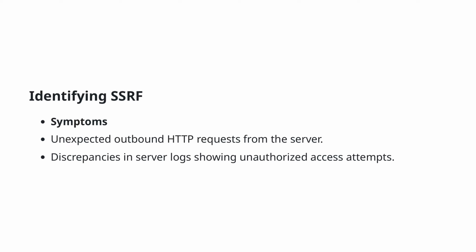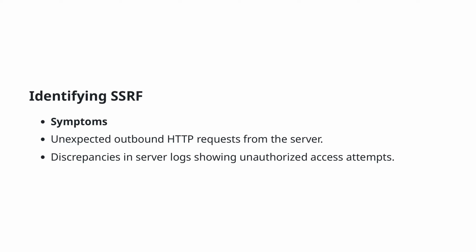When identifying server-side request forgery (SSRF) vulnerabilities, there are a couple of clear symptoms to look out for. One major indicator is unexpected outbound HTTP requests originating from your server. These outbound requests can hint at unauthorized attempts to access internal resources or external services hidden behind your own network. Another key symptom is discrepancies in server logs.